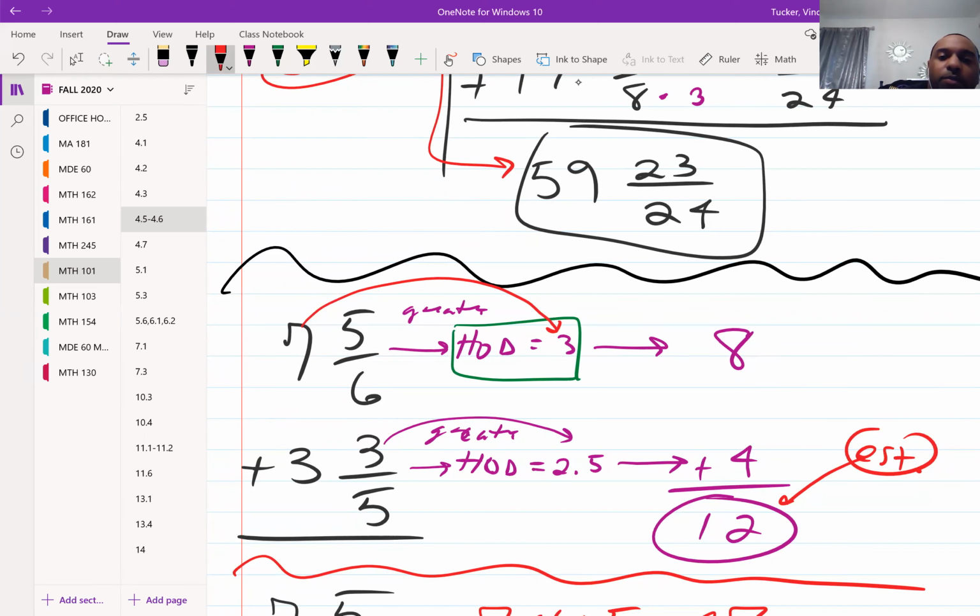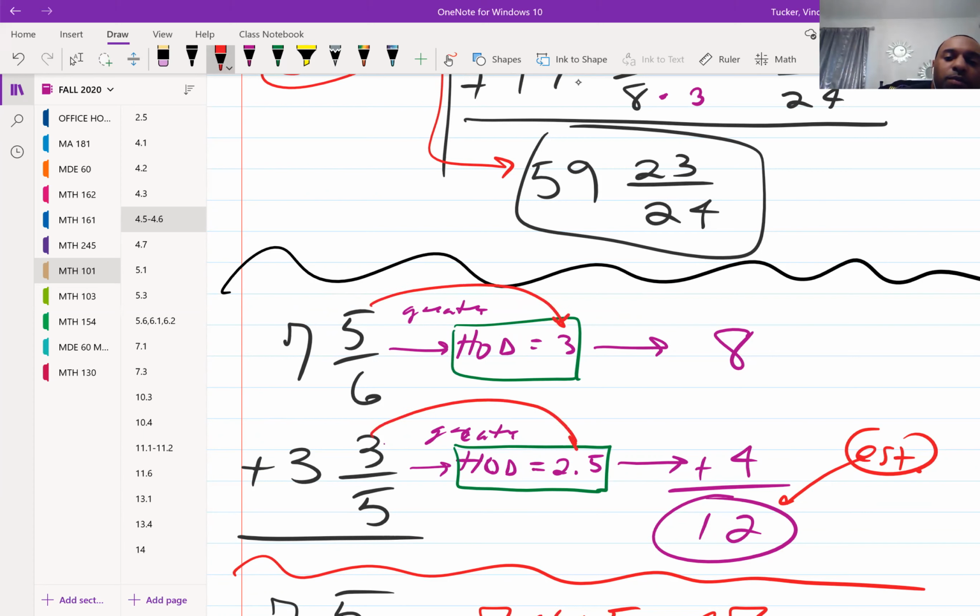And then here, half of the denominator is 2.5. Comparing 5 to the 3. And here we're comparing 3 to the 2.5. And so that 3 is greater than 2.5. So this 3 goes up to 4.